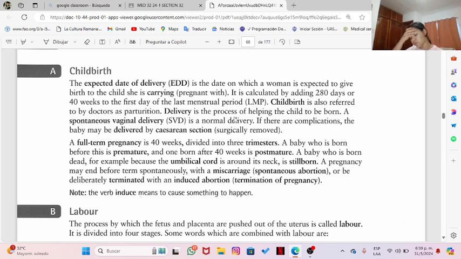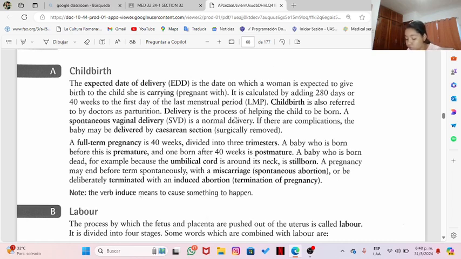The expected date of delivery, EDD, is the date on which a woman is expected to give birth to the child she is carrying, pregnant with. It is calculated by adding 280 days or 40 weeks to the first day of the last menstrual period.